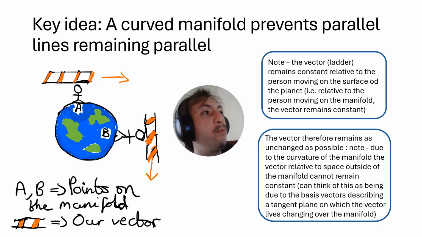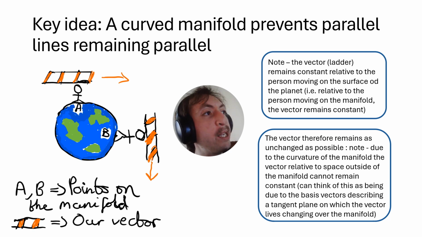And that's something we're going to look at more in an oncoming video, where we talk about calculating how a vector might change as we keep it parallel to itself as possible whilst moving it on a curved manifold. But it's a good place to get us started for this video, this visual illustration.